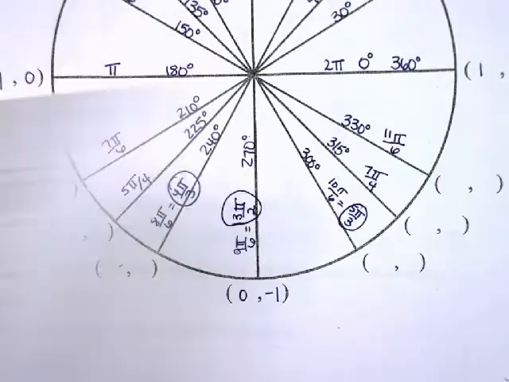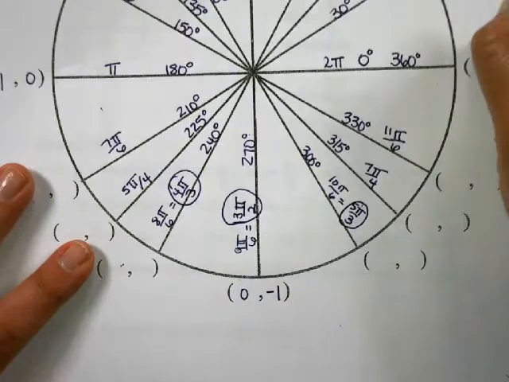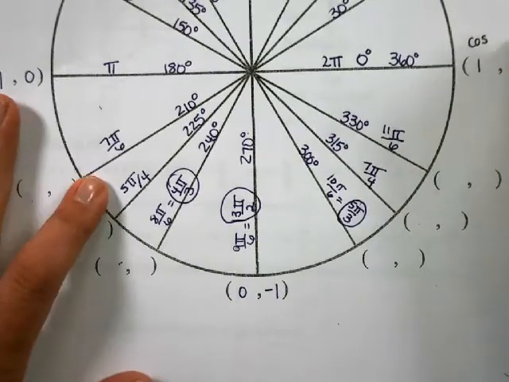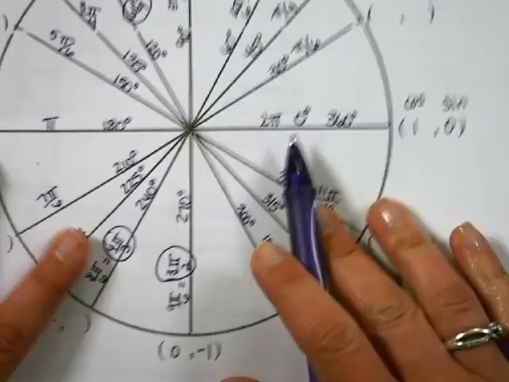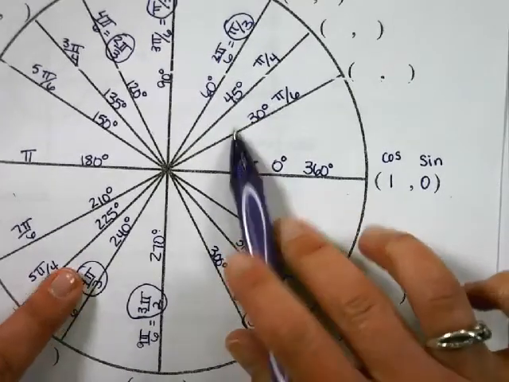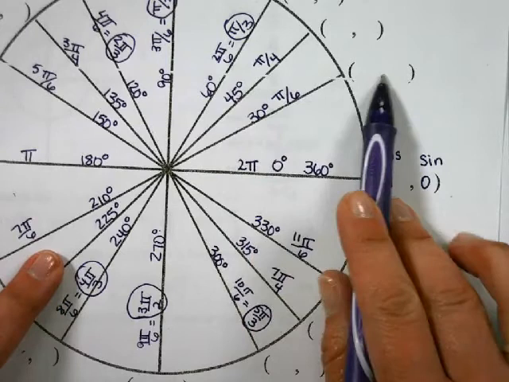Yeah, okay. So we decided that cosine was with the x value and sine was with the y value. So what is the exact value of the sine of 30 degrees?